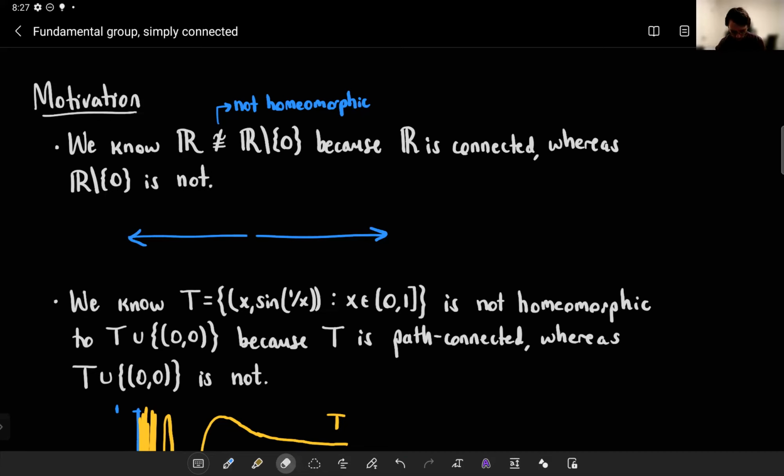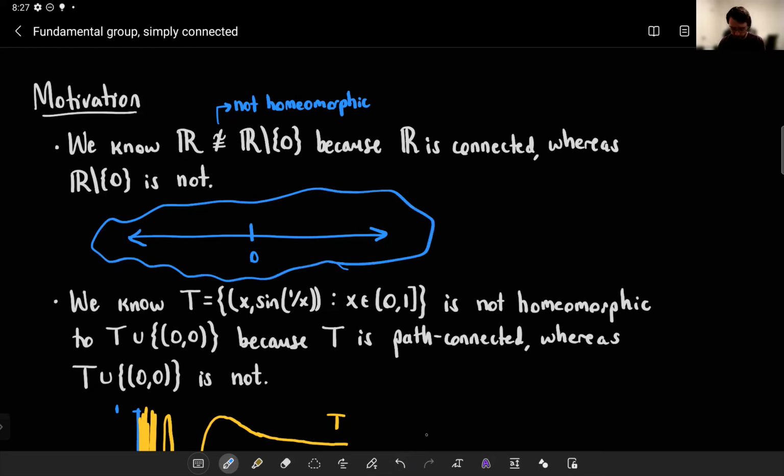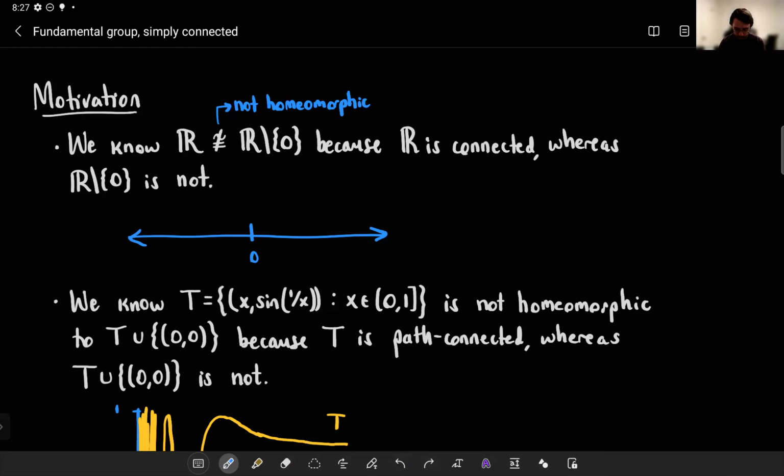If they were homeomorphic, well, continuous image of connected is connected. Right? So if I applied the supposed homeomorphism to this space, it would have to still be connected, but this space is not connected. So no homeomorphism can exist between those two spaces.